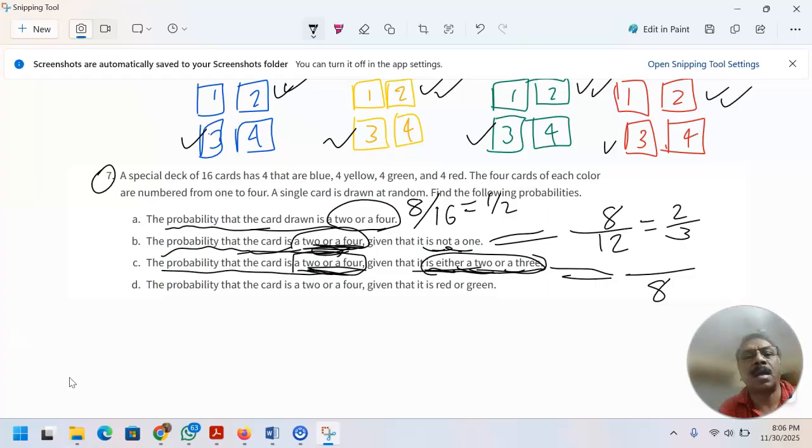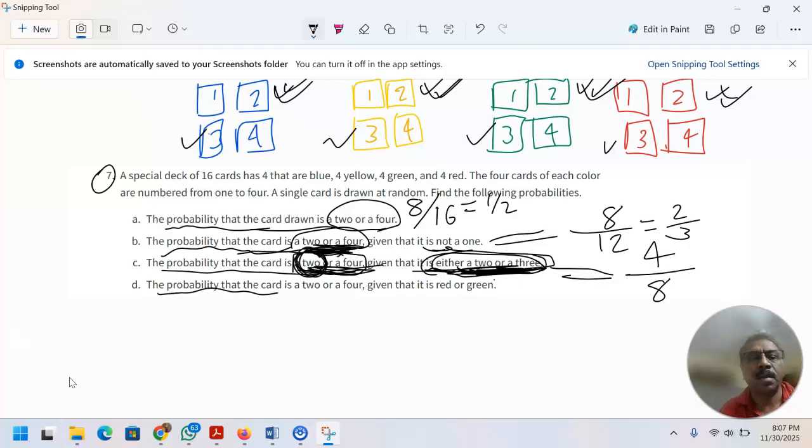Even though it says 2 or 4, in this group of cards, 2 or 3, there are no 4 cards. When you say the card is either 2 or 3, that means the card does not have 4. That means we have to look out for 2. And 2 is here for 4 places: 1, 2, 3, and 4. So it becomes 4 out of 8, and you get the answer.